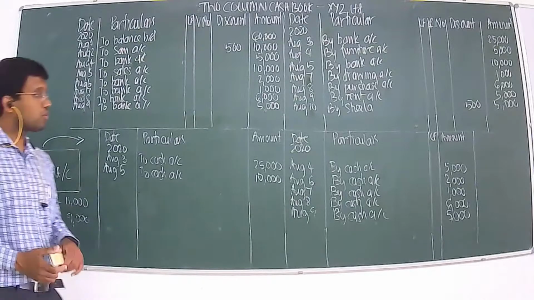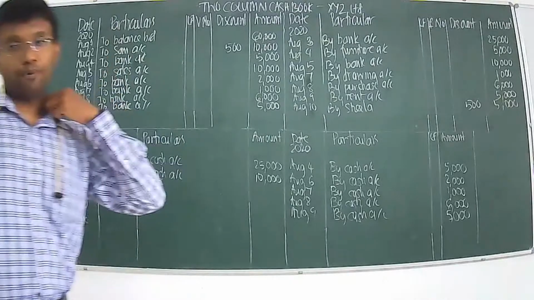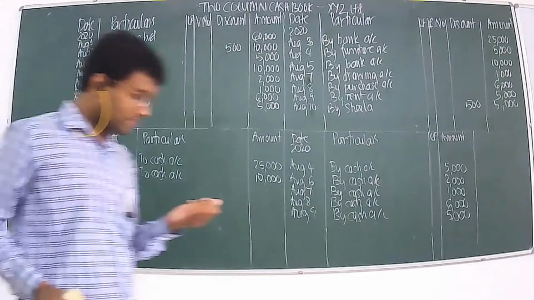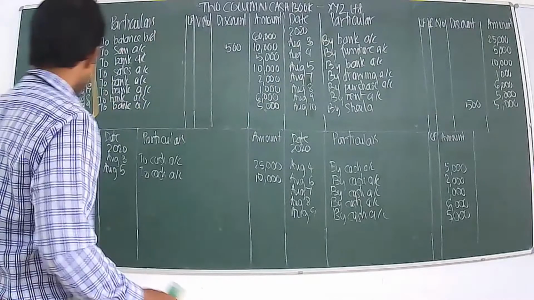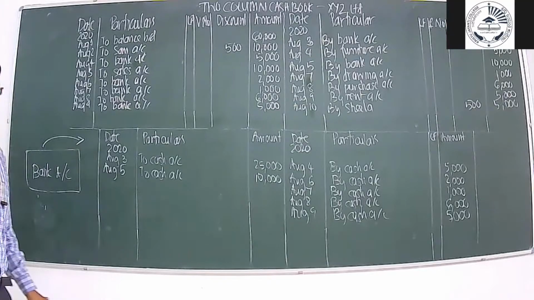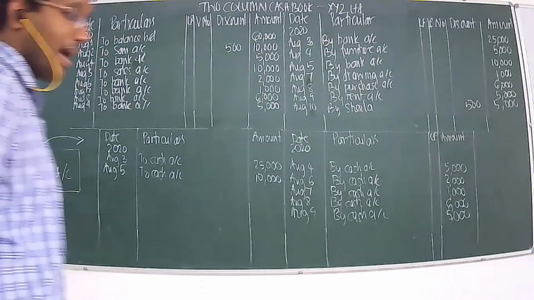So 9,000 rupees you will take from your business, go to the bank, and deposit it over there. So that is what is meant by deposited in excess of rupees 2,000 into bank.